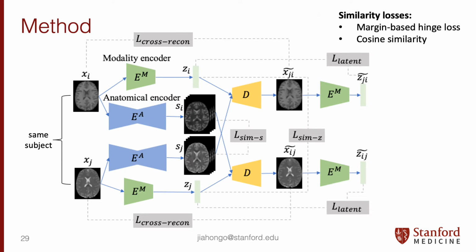And here comes the most important part of our method. We design a margin-based hinge loss to enforce better disentanglement. This loss is designed based on the similarity between representations, measured by cosine similarity.